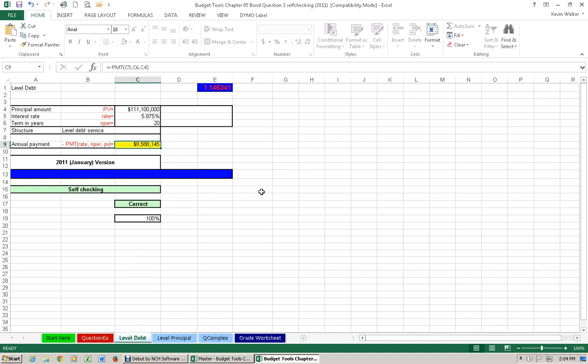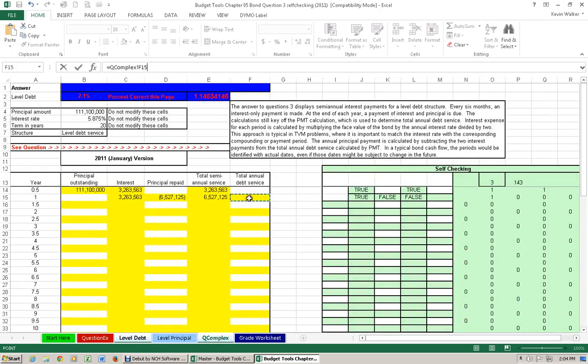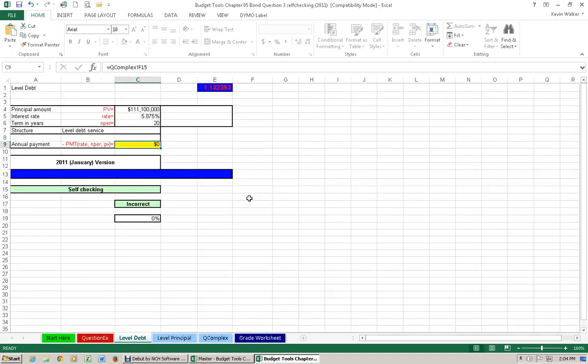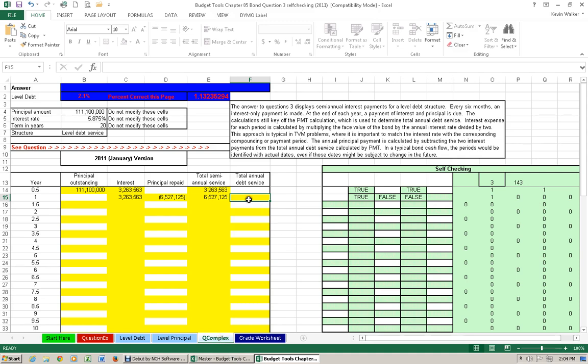Now, you should be able to reference this amount. I had trouble getting it to do that, so here's what I'm going to do. It's this equation. So in here, oh, wait a minute, might actually let me do that.